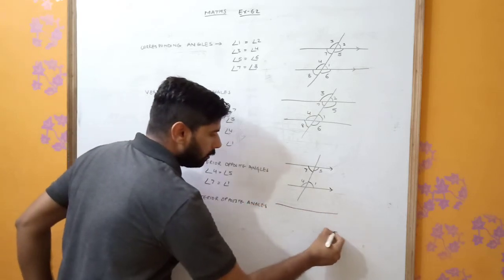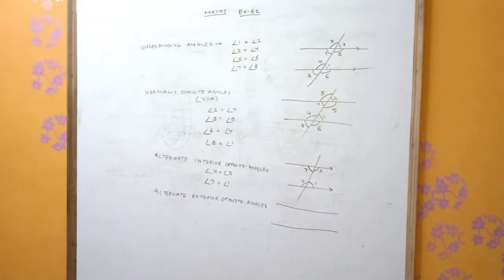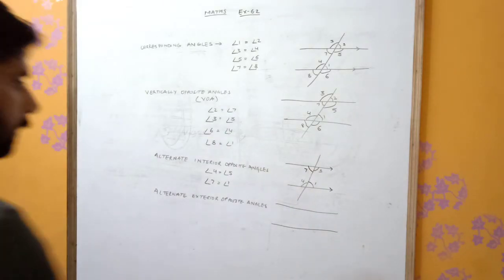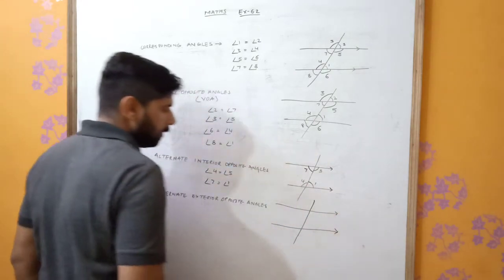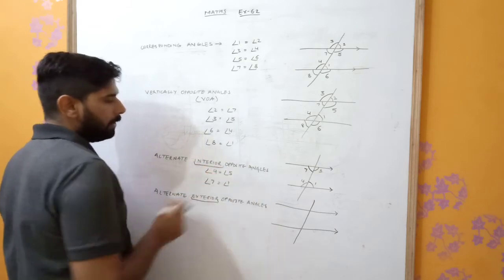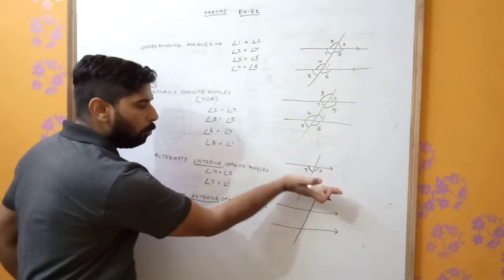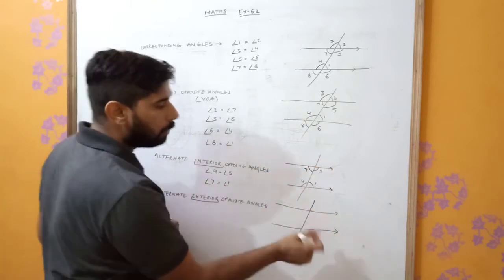Again, two parallel lines are there, and a third line intersects these two parallel lines. Now these are the exterior angles. These are the interior. Interior angles means all the angles are between these two lines. Exterior means all the angles are outside these two lines.